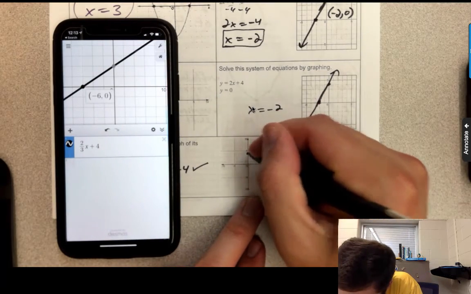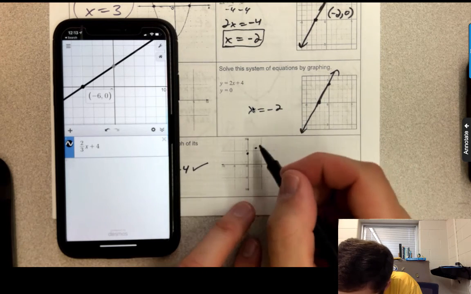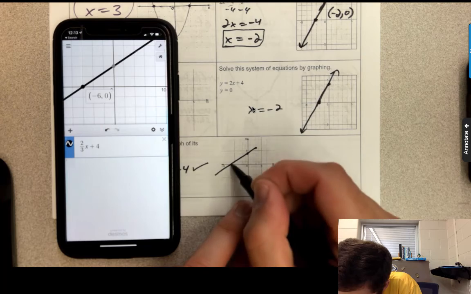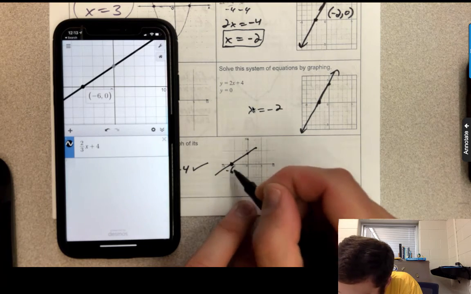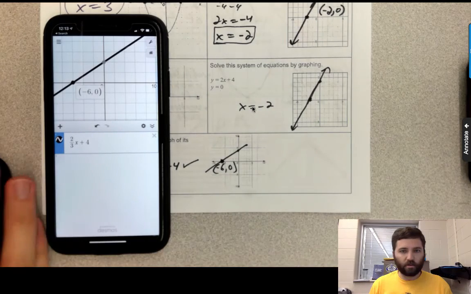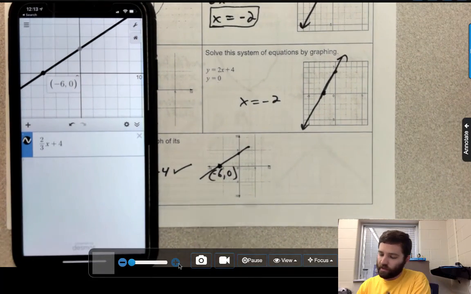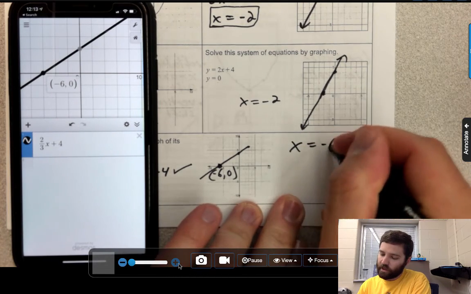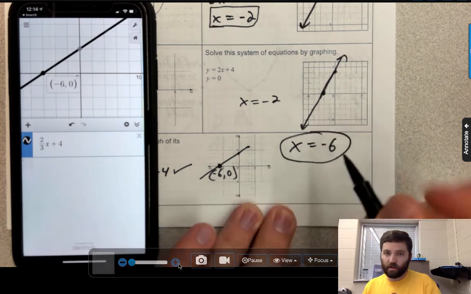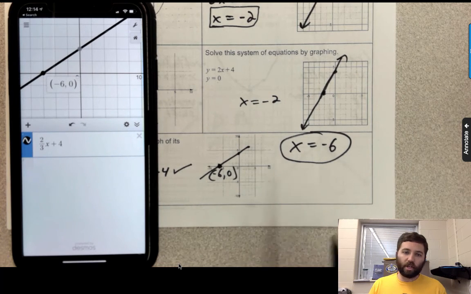It's plus 4, with a slope of 2/3. So it crosses at -6, 0. Then you can write that x equals -6. Again, the x value of the x-intercept tells you the solution to the equation.